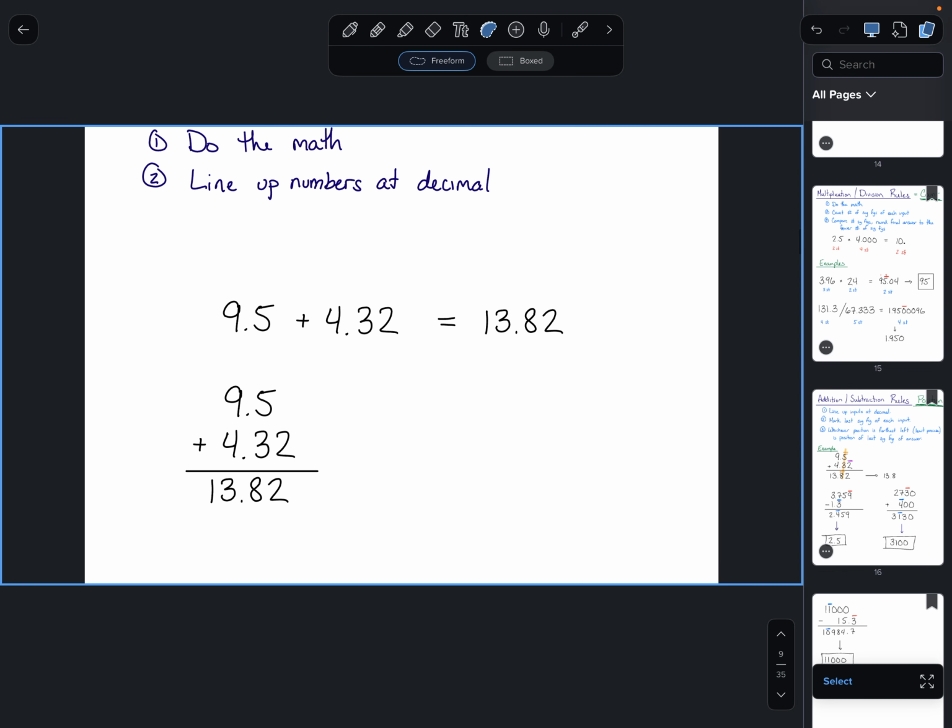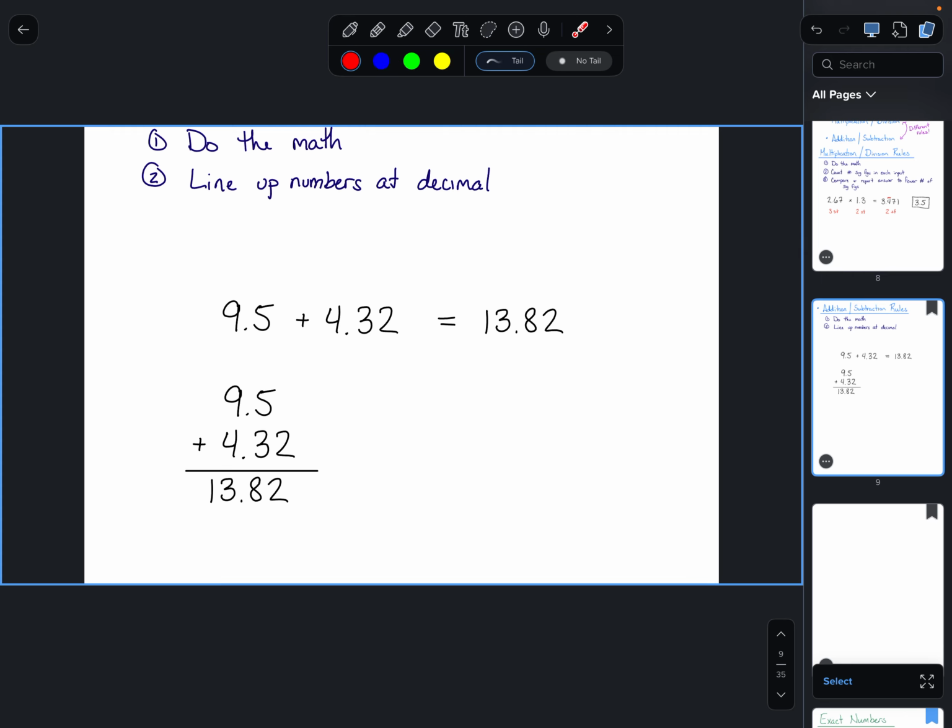Didn't change the math at all. All I did was rewrite it. Again, now I have ones in the ones column here, the tenths in the tenths column here, et cetera, et cetera. All right? So now we're going to mark the last sig fig in each input.